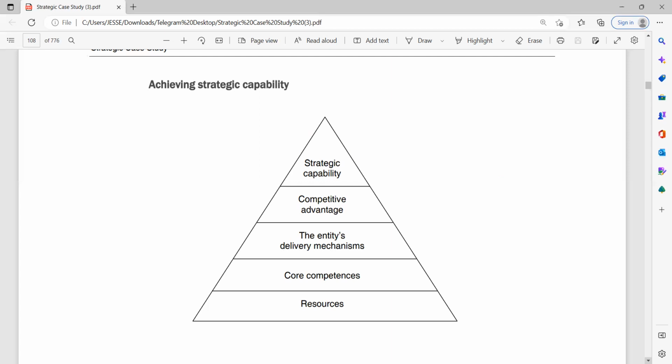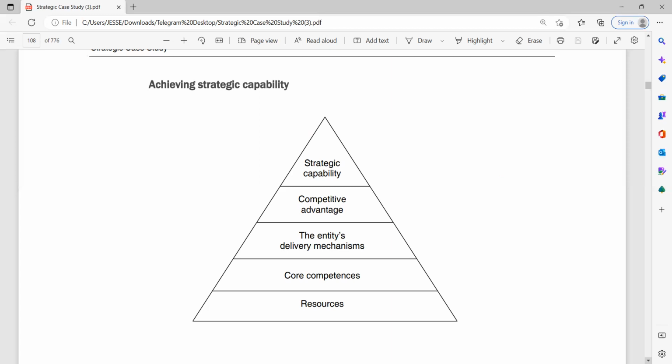The third layer, which is the entities delivery mechanisms, is where after you've trained, based on the example we've used, after you've trained the individual, right, you now need to sort of deliver the individual to the market, right? So the individual has to be advertised, and that's why when you finish your professional exam, you now have to come and advertise yourself to the market to find maybe a job or whatever it is. So the entity has delivery mechanisms to deliver core competencies to the market, right?